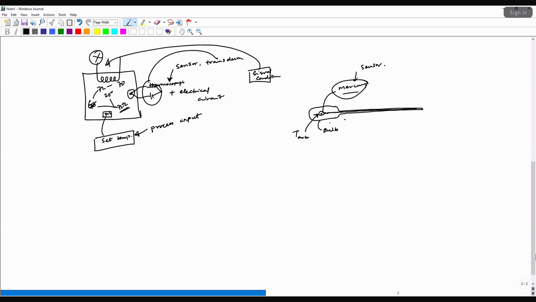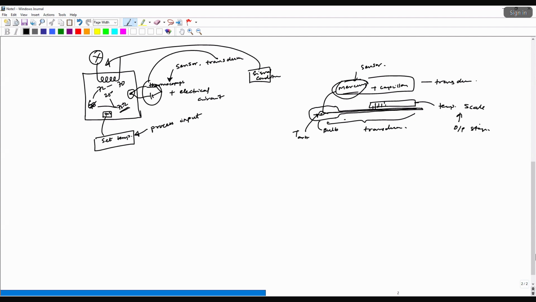So this mercury along with this capillary forms the transducer stage, right? And so basically the capillary plus the mercury together becomes the transducer. And here, once the mercury expands through the capillary, then you have these scales, right, which measure the temperature, right? This temperature scale is basically the output stage.